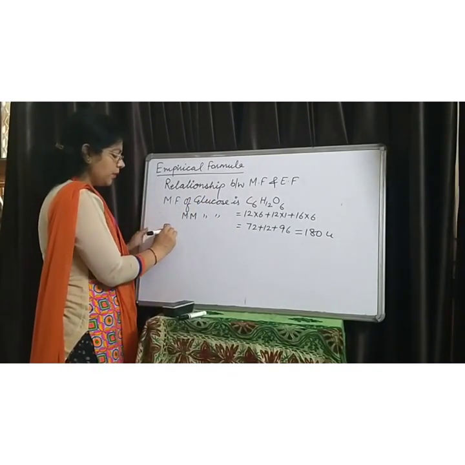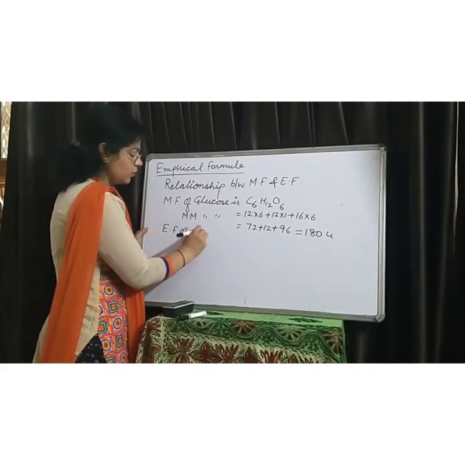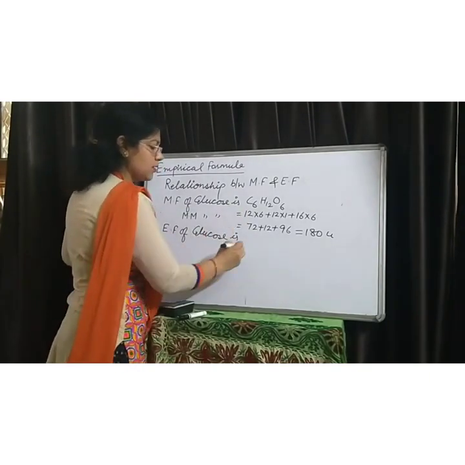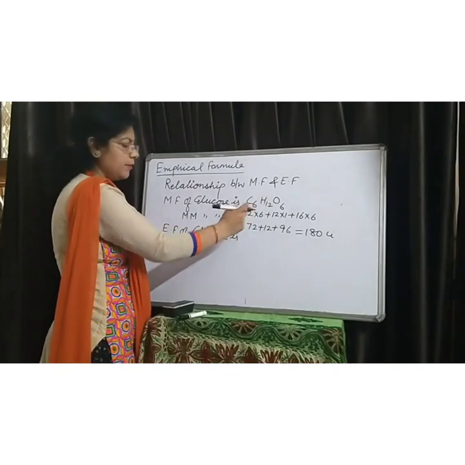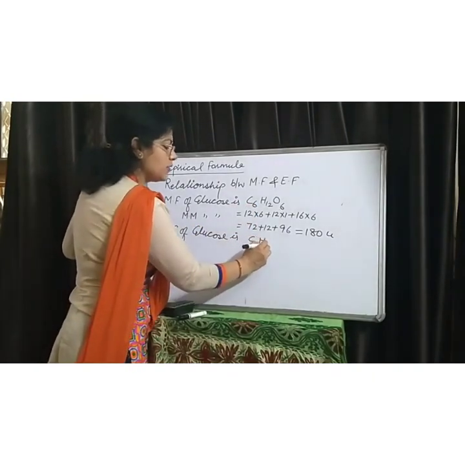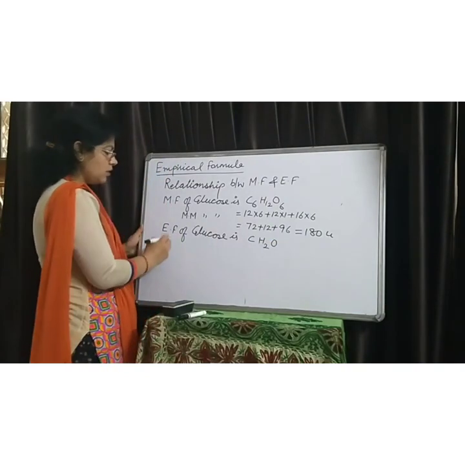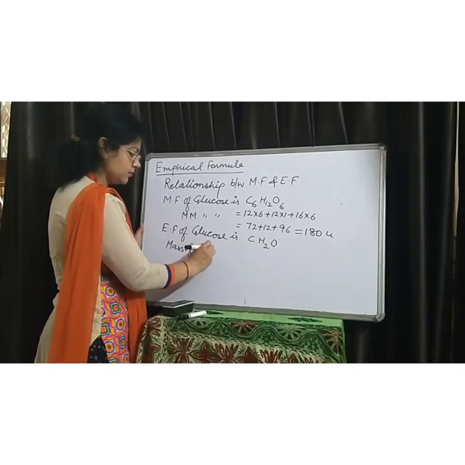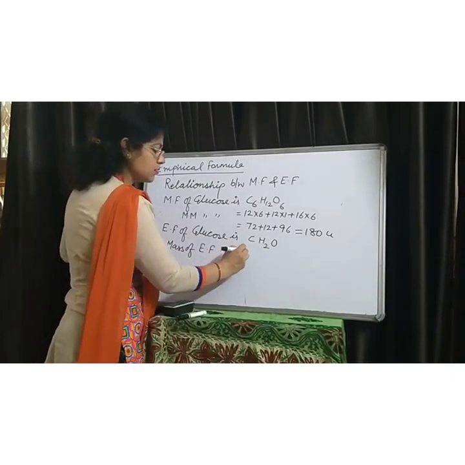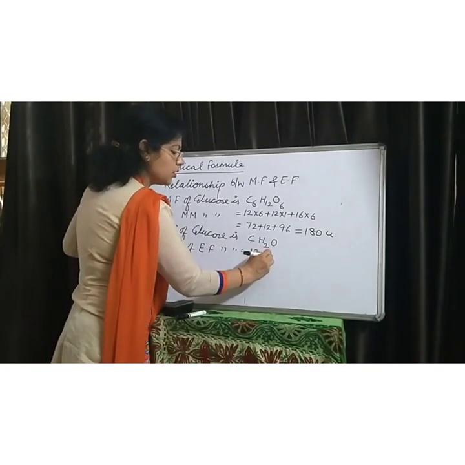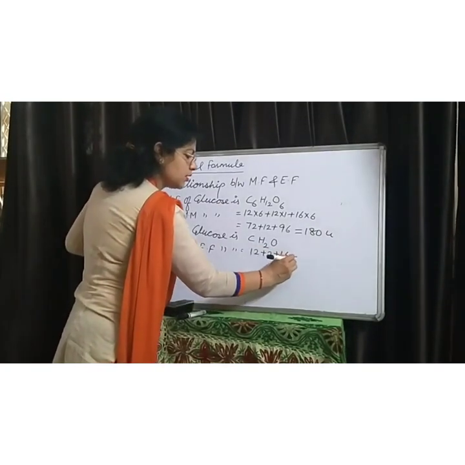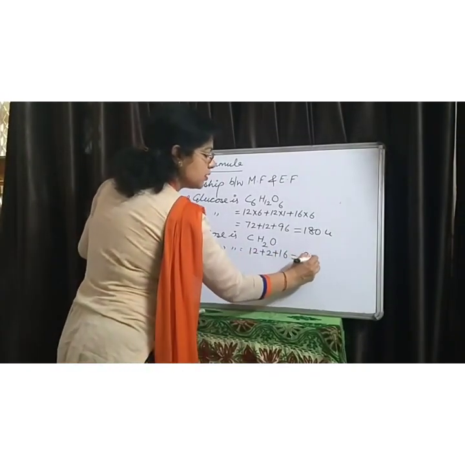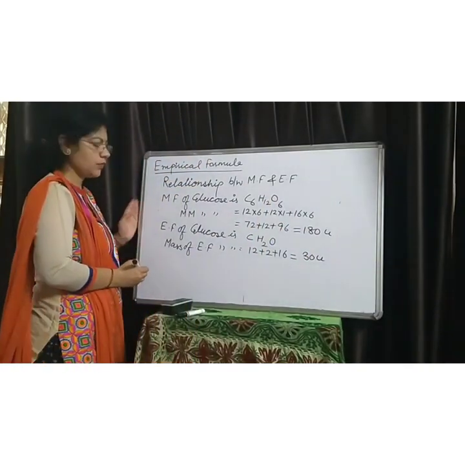Next, the empirical formula of glucose is the simplest formula, that is CH2O. Now, the mass of the empirical formula of glucose is 12 plus 2 plus 16, which comes out to be 30 u.